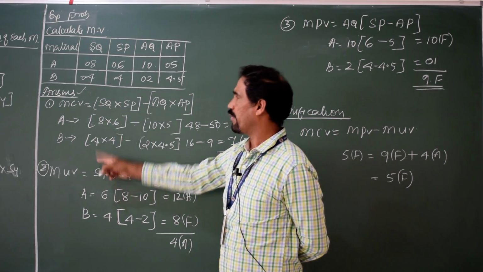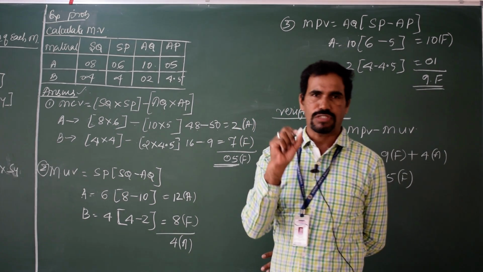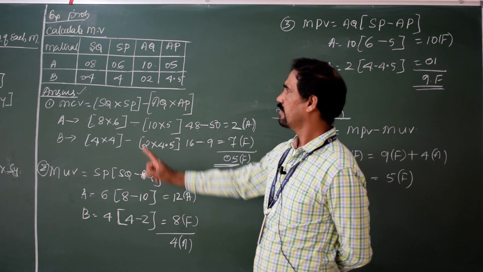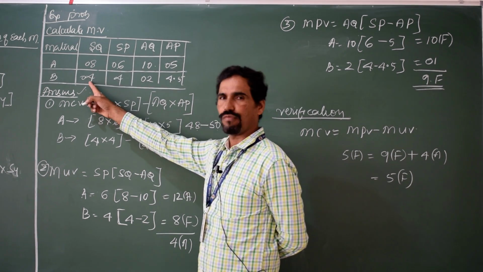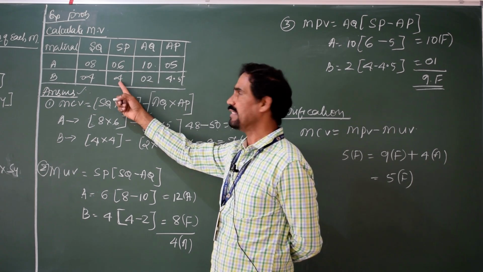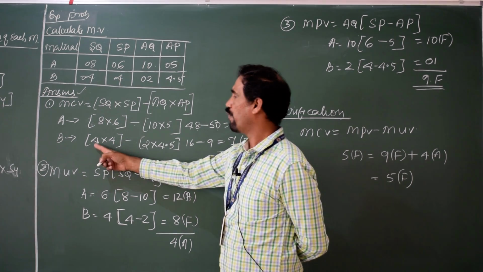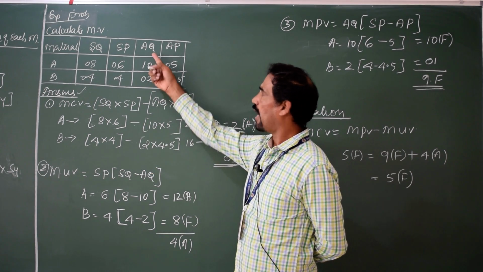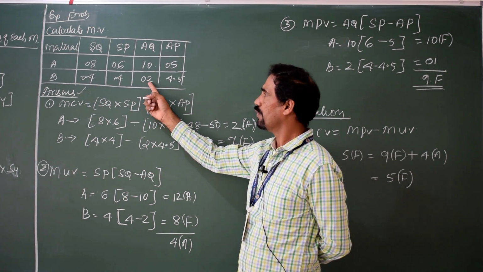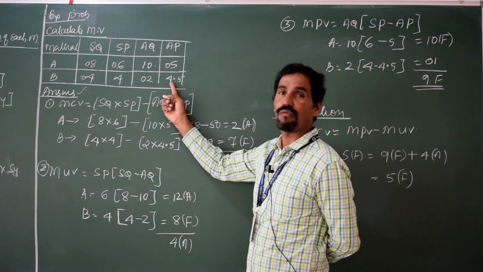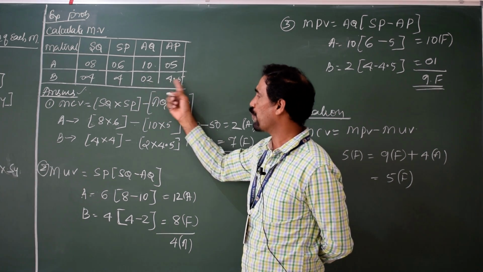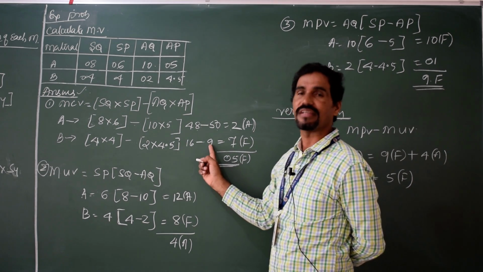What is the formula? Material cost variance equals standard quantity into standard price. Standard quantity 4, standard price 4. 4 fours are 16, minus actual quantity 2, actual price 4.5. So, 2 into 4.5 equals 9.